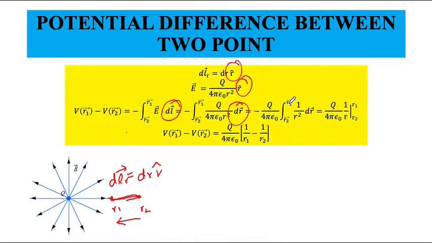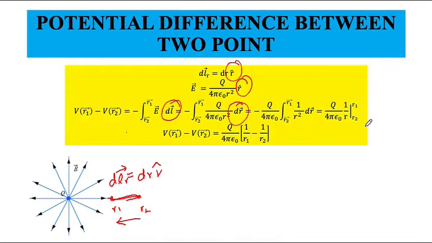Okay, so q by 4 pi epsilon naught is a constant, so I will put it out, and I have the integral of 1 by r square dr from r2 to r1. The integration of 1 by r square is minus 1 by r, right?